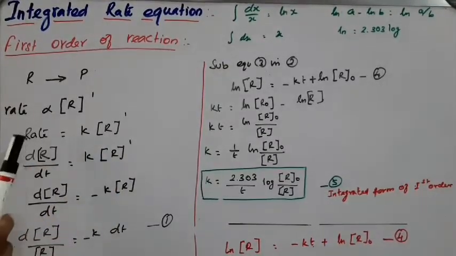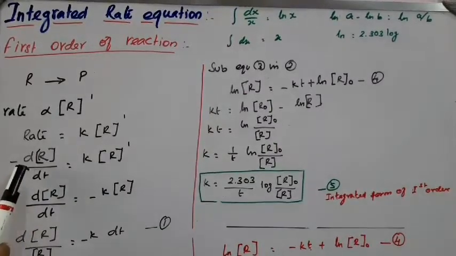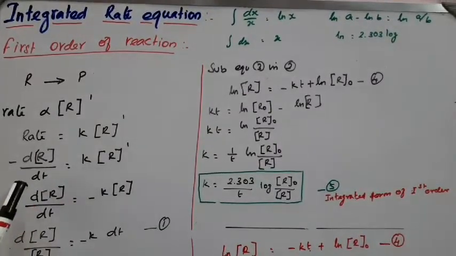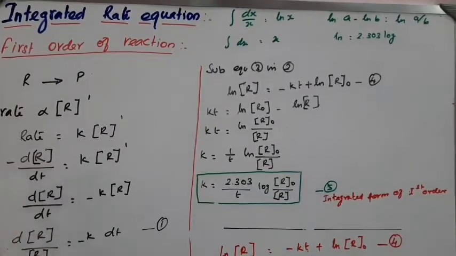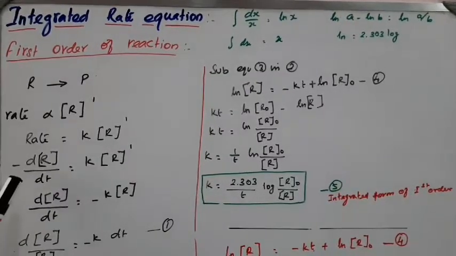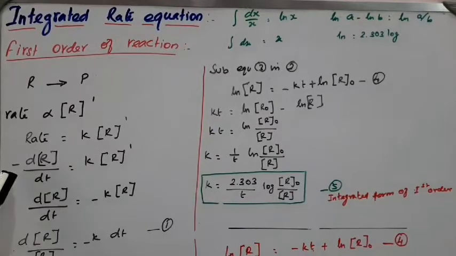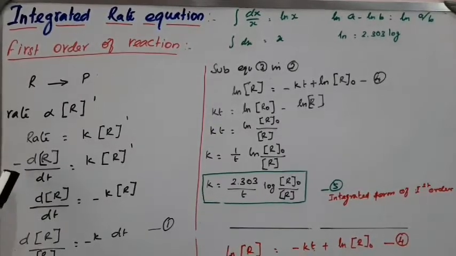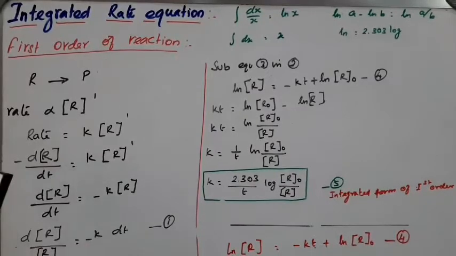We also know that rate is the change in concentration with respect to time. This minus sign always represents that during chemical reactions the reactant concentration must be decreasing. For a product, it is a positive sign.